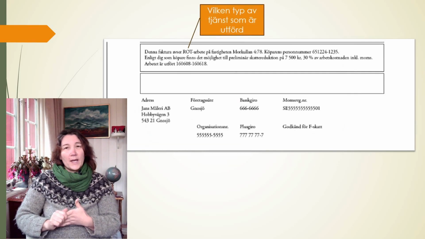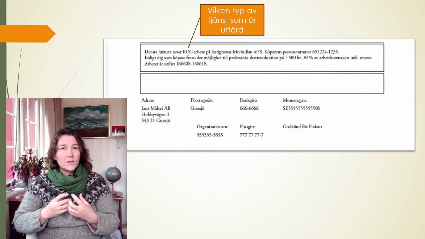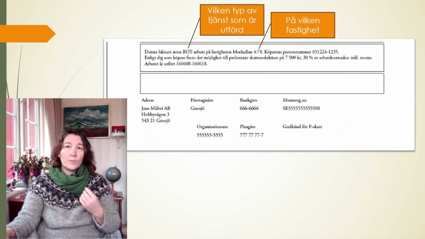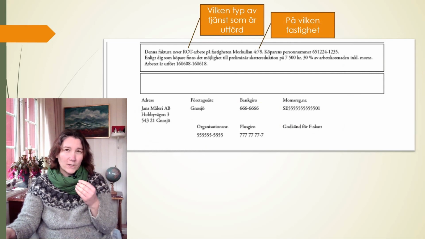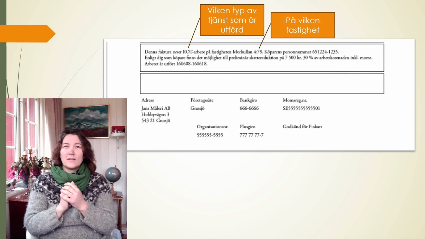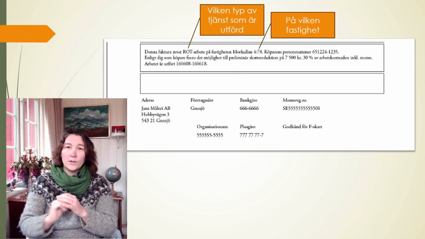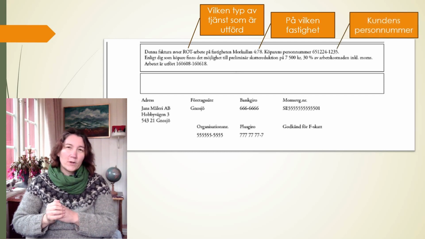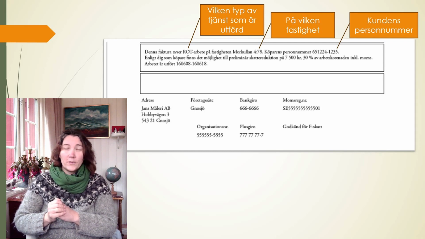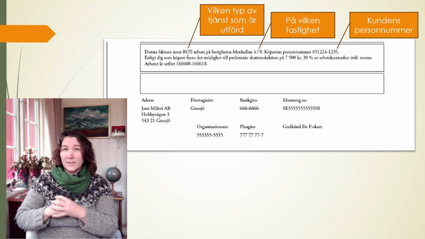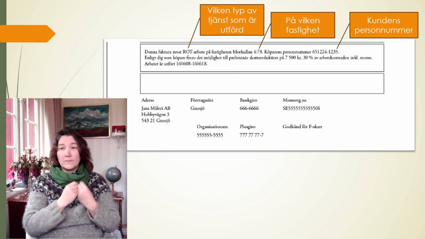Then you need to have information on what kind of service you have performed for your customer, and which kind of property it was, the identity of the property where you have been doing the work. You also need to have your client's identity number or social security number on the invoice, because this is information that you need to tell the tax agency when you apply for the money to get back.